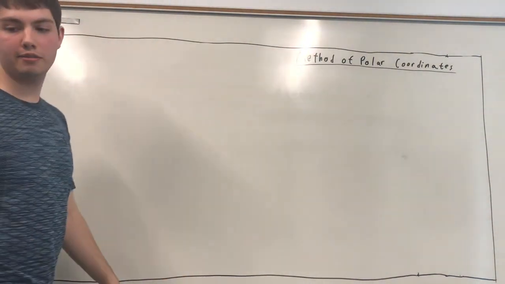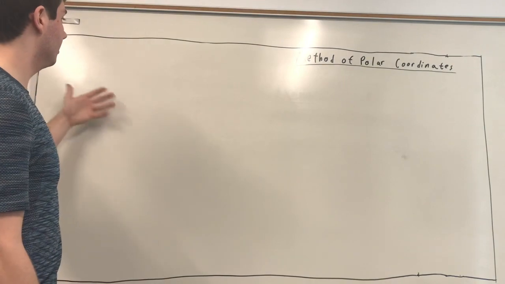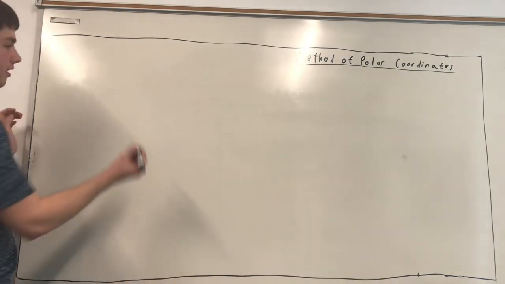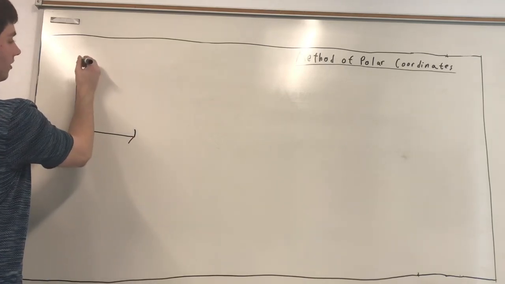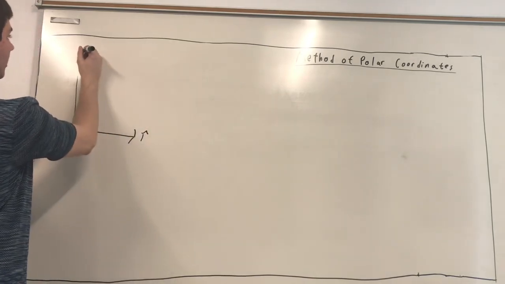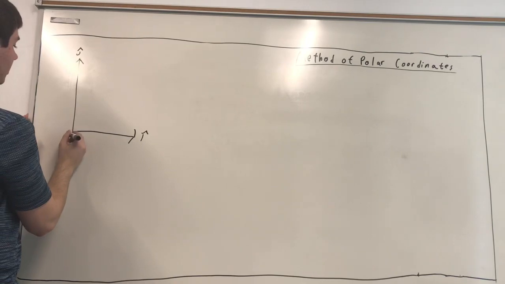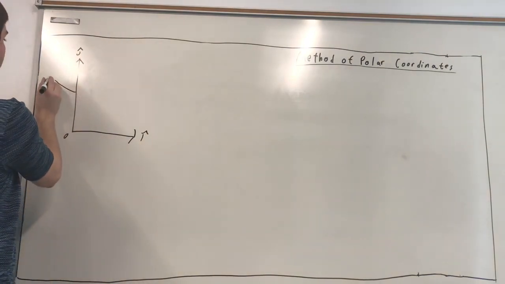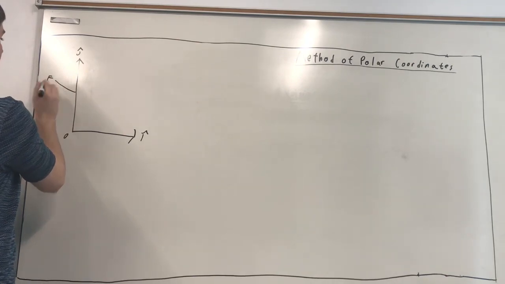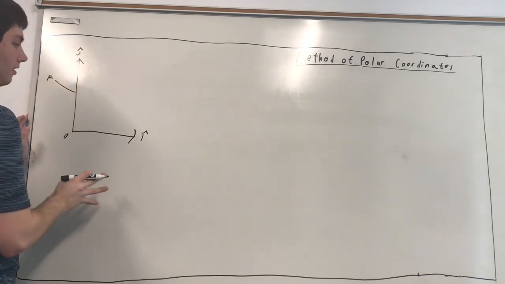So, to start off, I'll draw an example. You have your frame here, you have your i hat, you have j hat, you have an origin here. This is a fixed frame, but now things get a little bit more complicated.